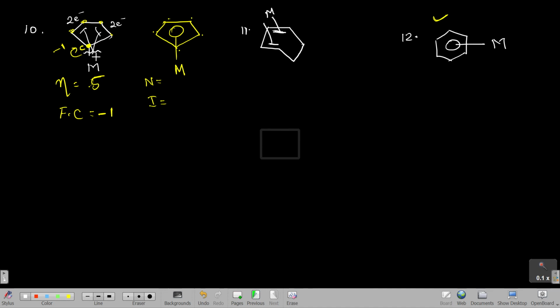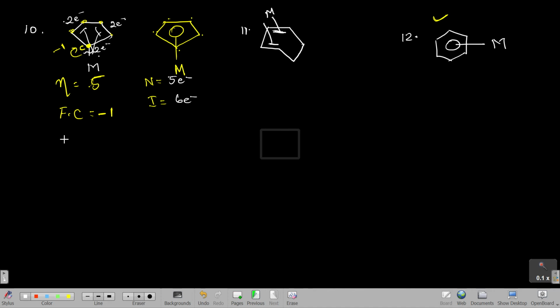So, 1 electron to carbon, 1 electron to metal. So, 2, 3, 4 and then 1 electron to carbon means the total number of electrons in neutral method is 5. Now, come to ionic method. In case of ionic method, you split it heterolytically. Here, since this ring is getting a negative charge for aromaticity, both the electrons will go towards carbon. So, 2, 3, 4, 5, 6.